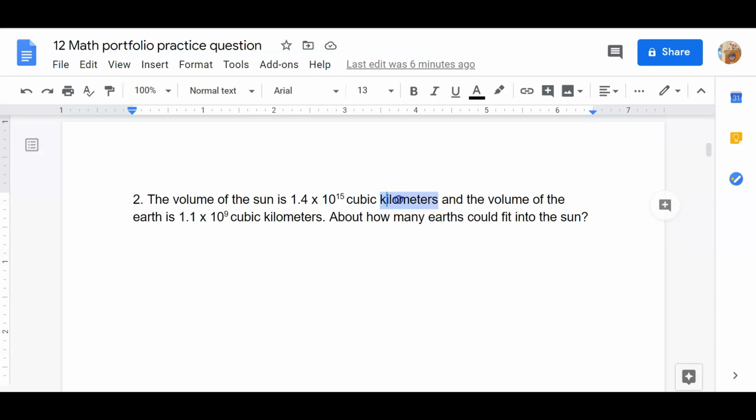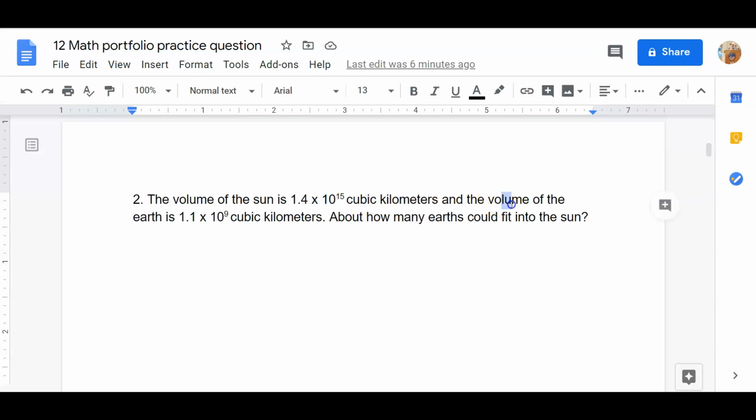Look at the word kilometers and you can relate that to like a mile. A kilometer is close to a mile. So this is saying the size of the sun is this number, however big that is, cubic kilometers.